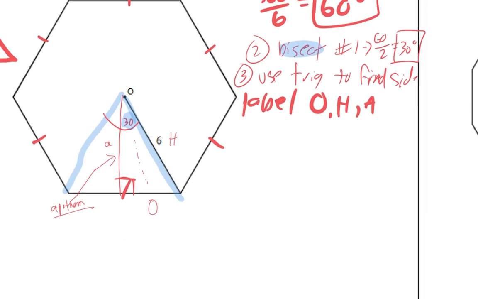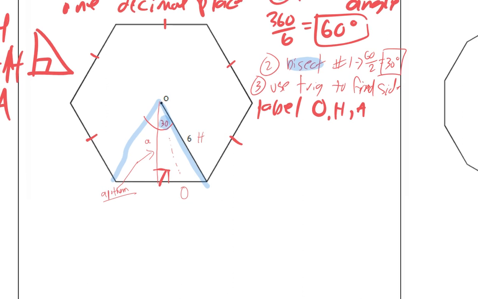All right, so let's use trig to find the side. What do we know? What sides are we using? We need to find this one right here, that's our x. That's what we're trying to find, and we know h. So O and H is sine.